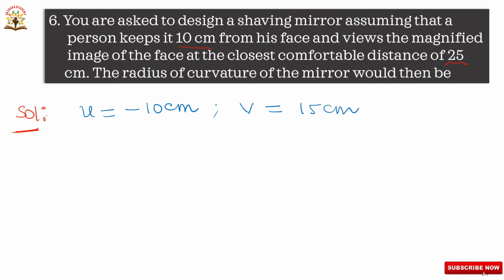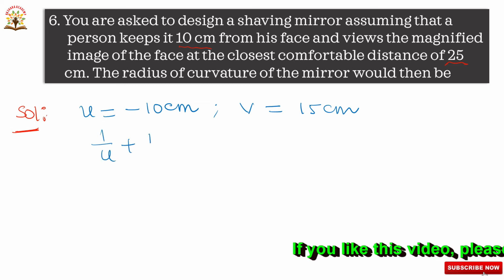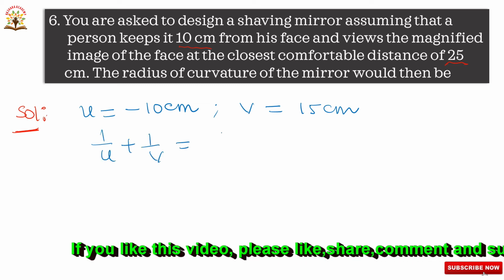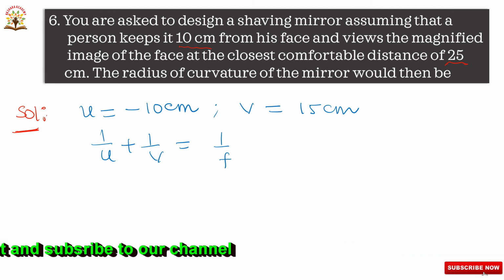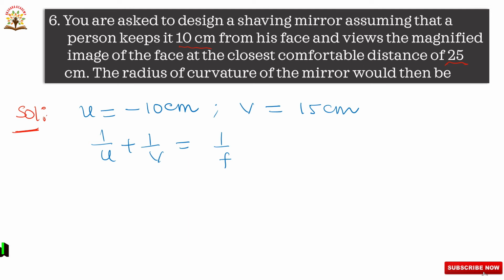Now from the mirror formula, 1 by u plus 1 by v is equal to 1 by f. Now see here, this is the concave mirror, that is the shaving mirror. This is the principal axis.